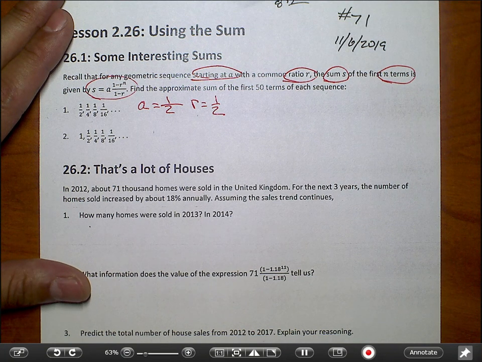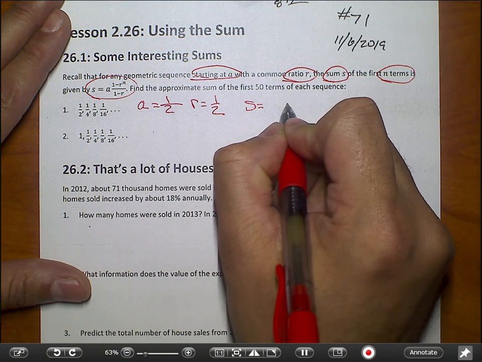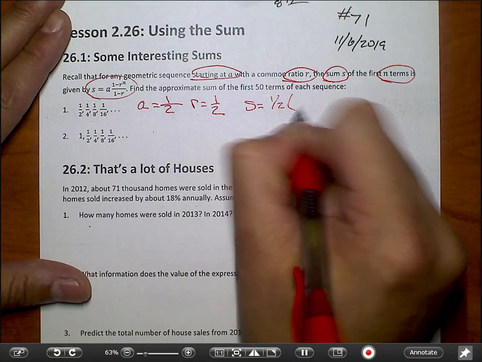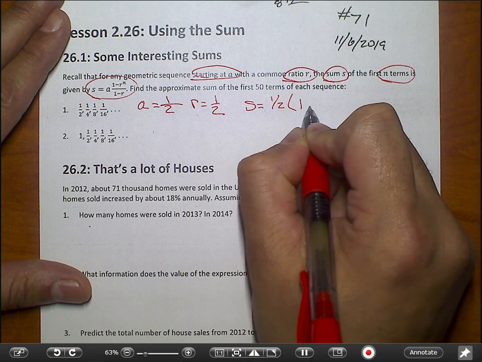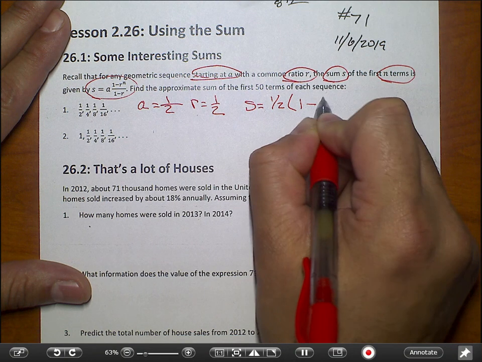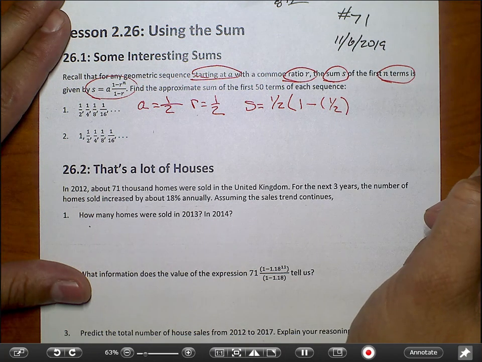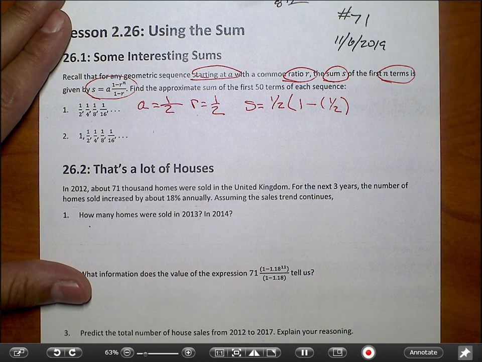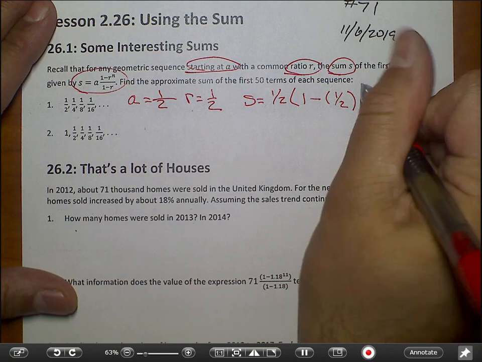So I'd start off with S equals 1/2, parentheses, 1/2, right? And then 50th power. There we go.